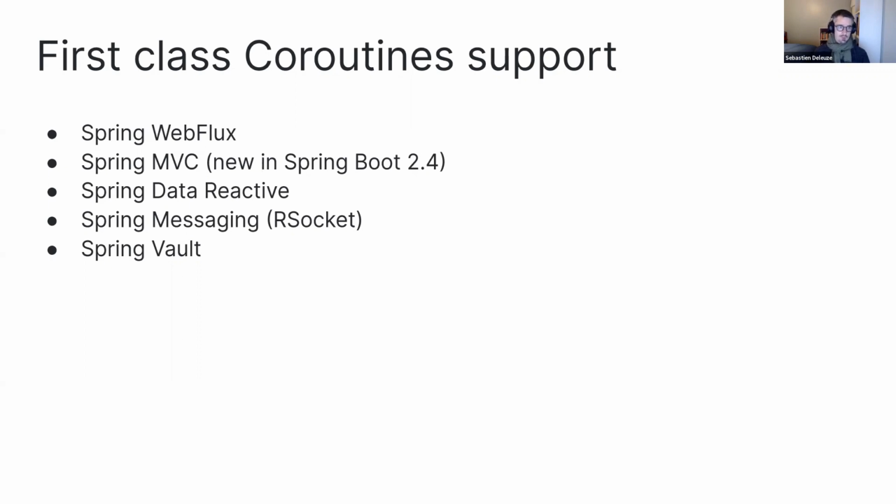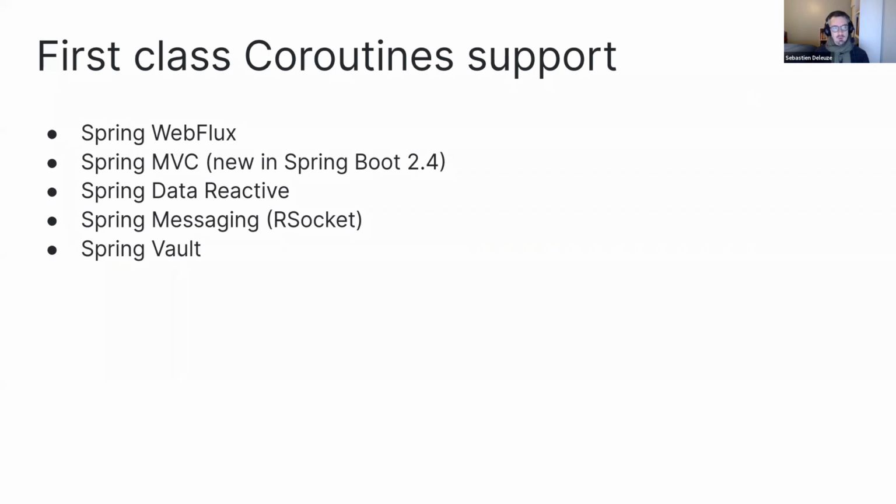But if you want to use Spring MVC, Spring Data JPA, have regular blocking code, and just use a few coroutines, for example, to invoke the WebClient API to request some remote HTTP endpoints, you can use Spring MVC, and you can write suspending methods annotated with @RequestMapping, for example, and that will work, plugged into the Spring MVC asynchronous support.